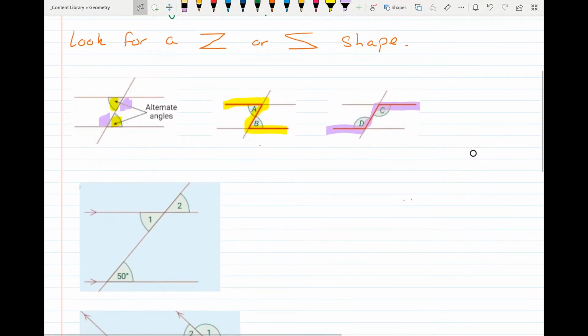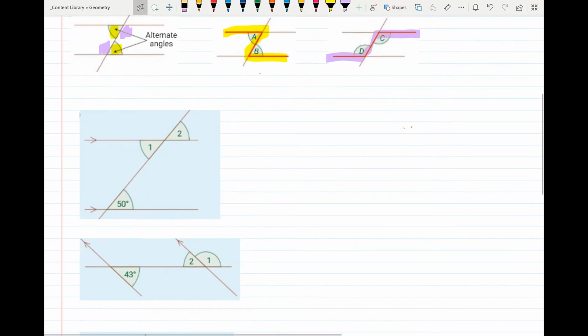In an example of how we'll actually use it, here we want to find the value of the unknown angles 1 and 2. We're told the angle down here is 50 degrees. Well, we can fill in a bit of information here. Normally, we'll say, okay, look for straight lines. That means this angle here will be 130, because together those two angles make 180 degrees. But then we can't link up to the other parallel line.